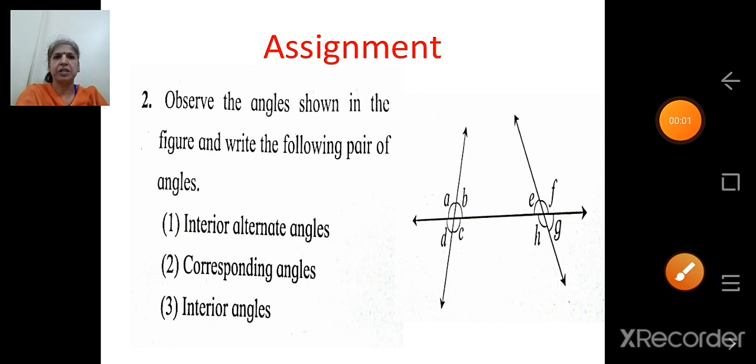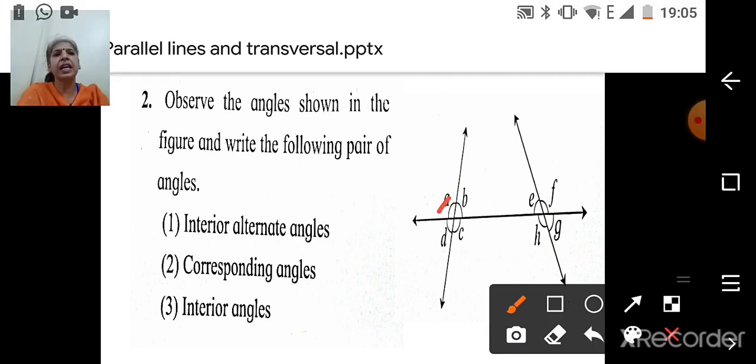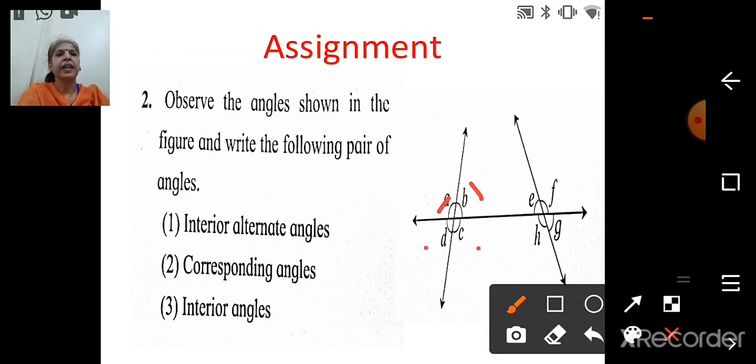Assignment question. Observe the angles shown in the figure and write the following pairs of angles. You have to write interior alternate angles, corresponding angles, interior angles. The figure is given to you and you can see angles A, B, C, D, right?